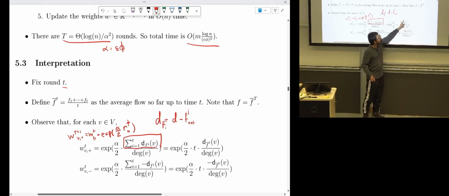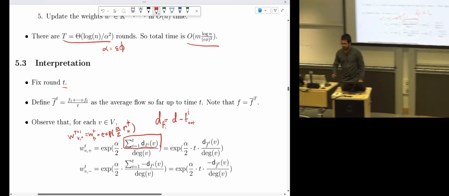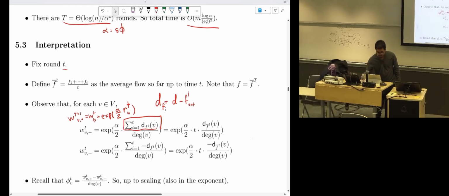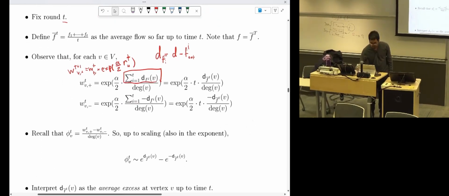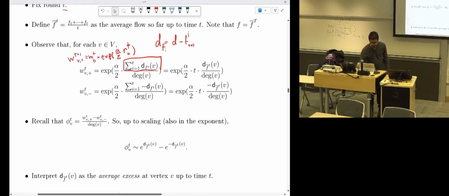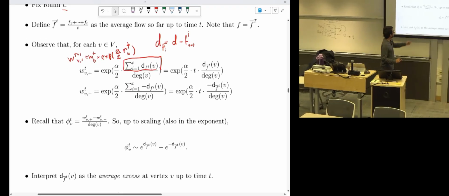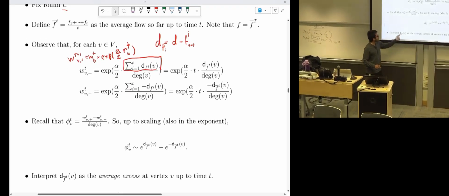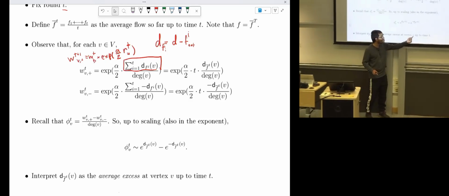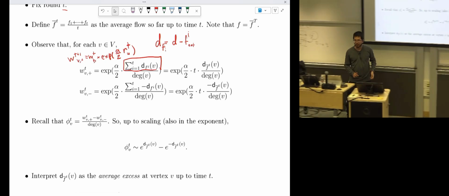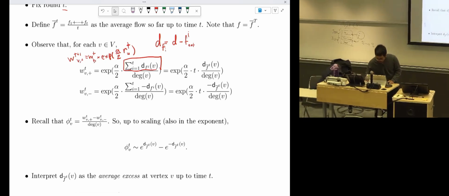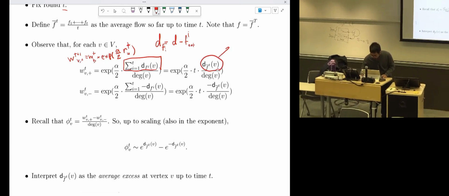Think of this first. This is just the average excess of the node at time up to time t. Right? What is this thing?